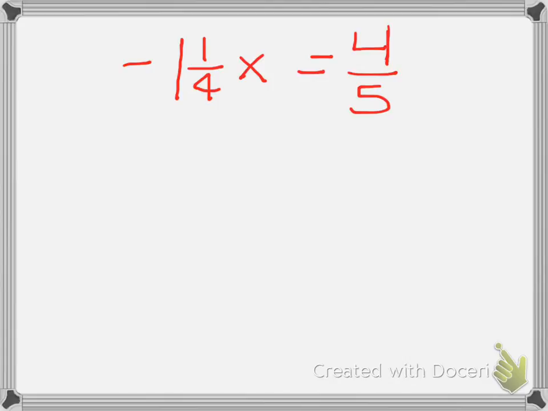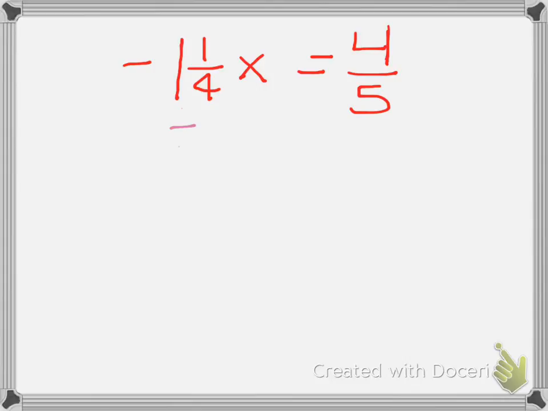If I wanted to multiply or divide, let's say I have this equation, -1 1/4 times x equals 4/5. Well, when I have this fraction coefficient, there's two ways you can think of it. I'm going to do both ways. The first way is to think about this as, well, okay, that's multiplication. So to undo multiplication, I need to divide.